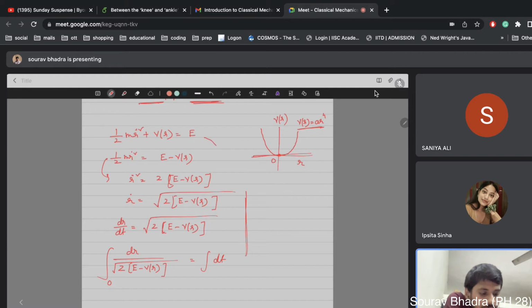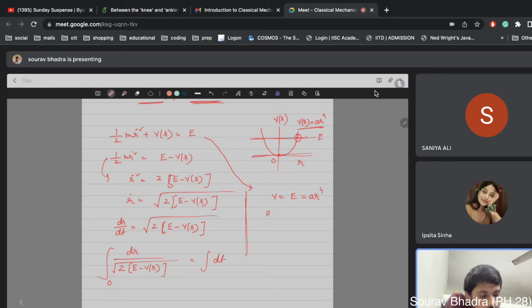From this equation you can see that at the upper limit of r the velocity is 0, because suppose it has the energy E. When the particle reaches this particular point, it will again move backward to the stable point O. So at this point the velocity must be 0, then it will take the backward motion and come again towards O. So if velocity is 0, that means r dot equals 0, so V equals E, and V is given as a r to the power 4.